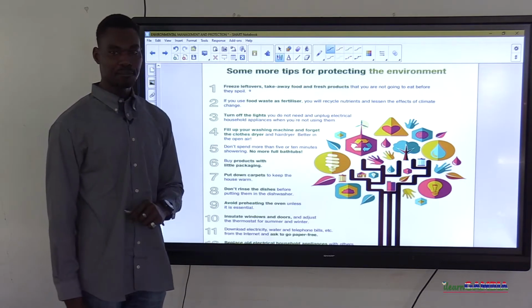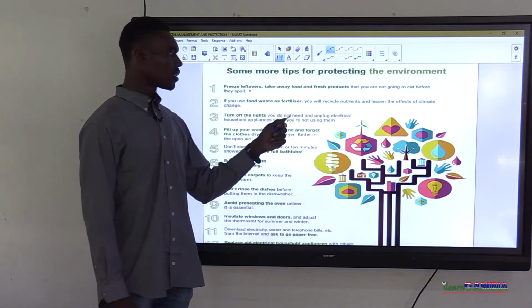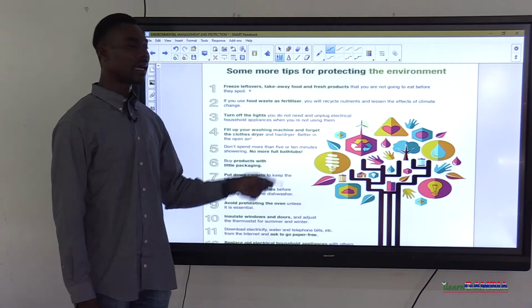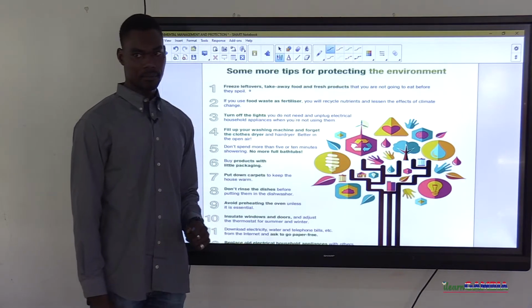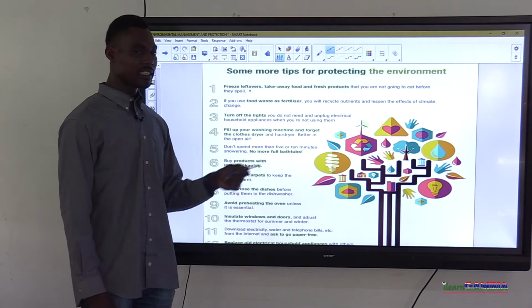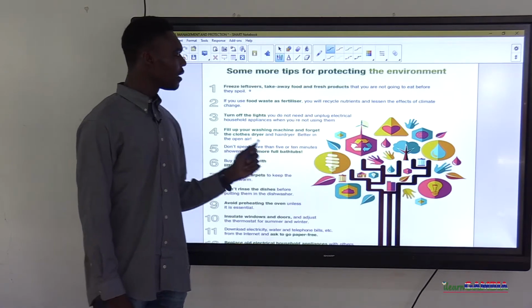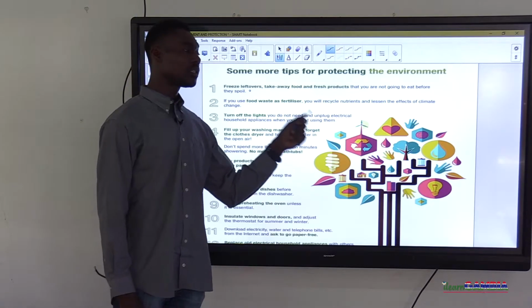Point 3, turn off the lights. You do not need to leave electrical household appliances plugged in when you are not using them.